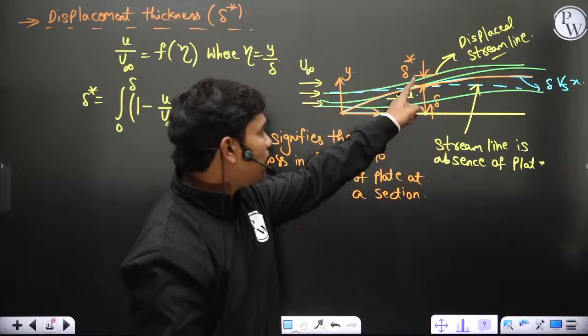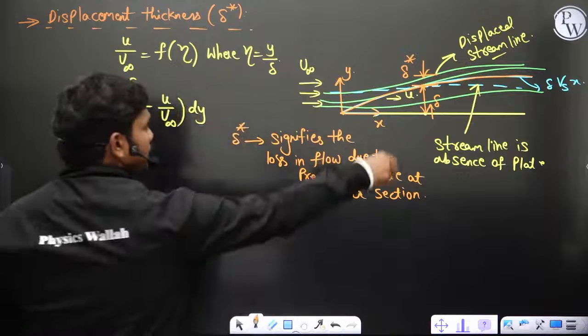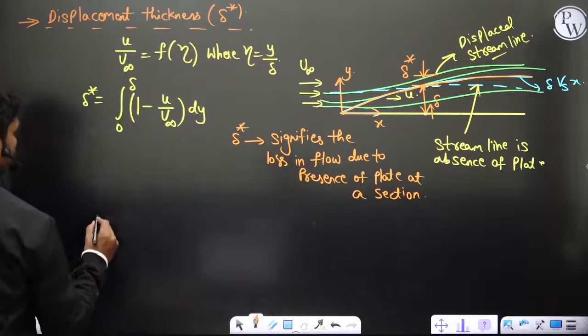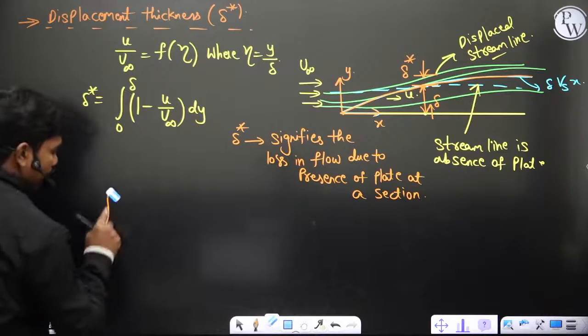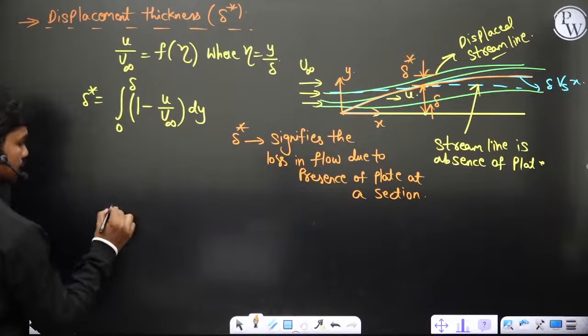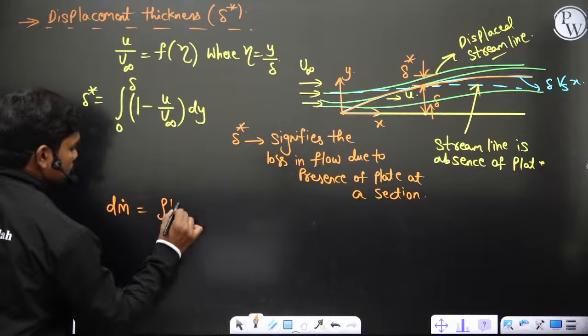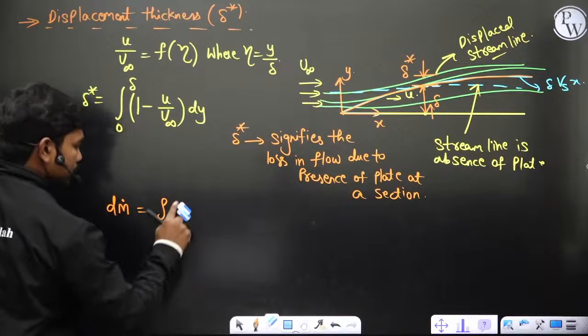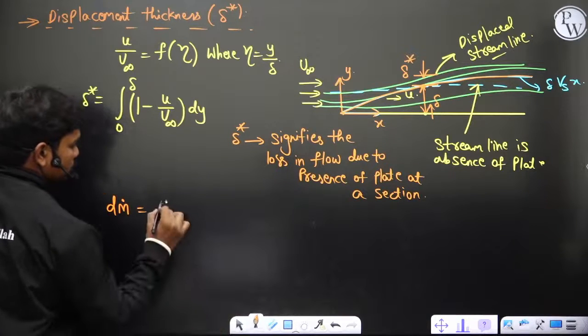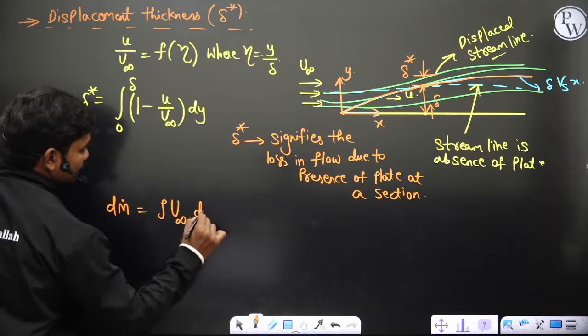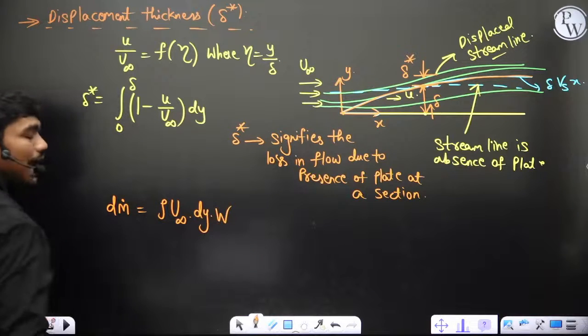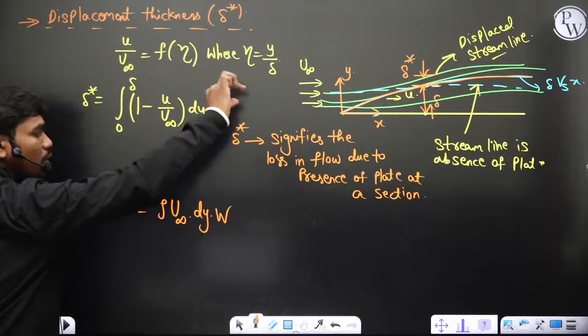What is the loss in momentum in this layer? The actual mass that would have flown is dm dot, which is equal to rho u infinity dy into w, to some small elemental distance.